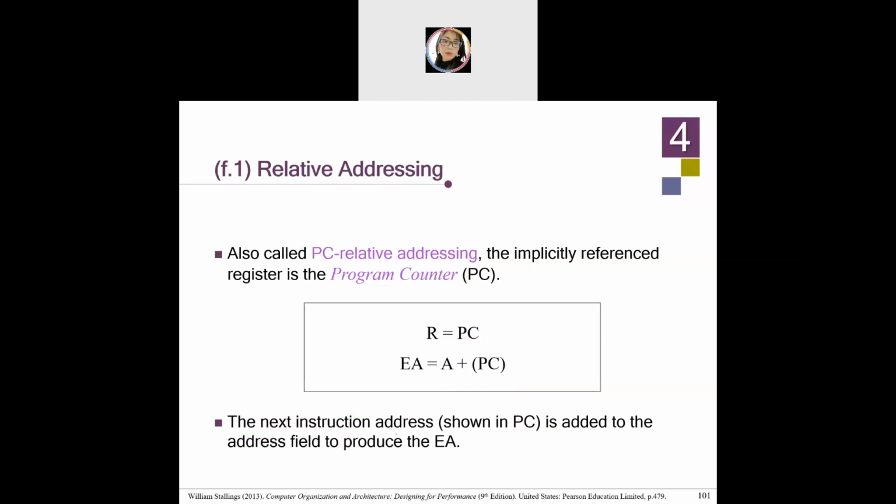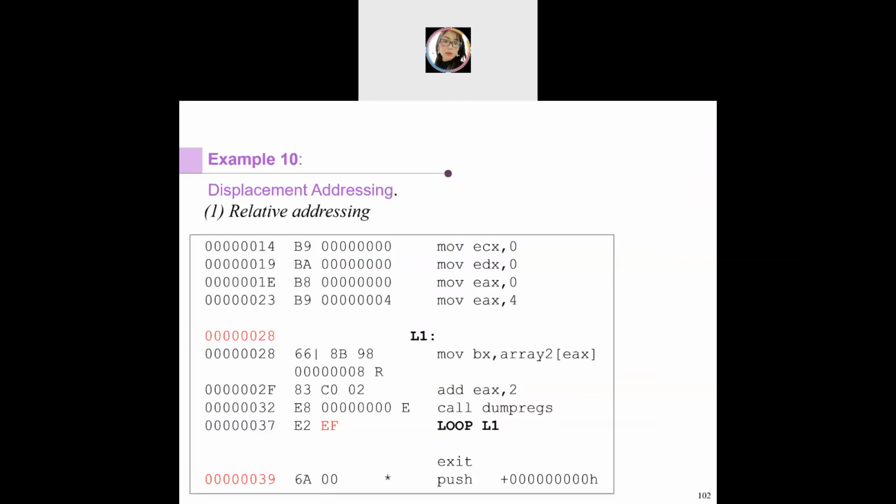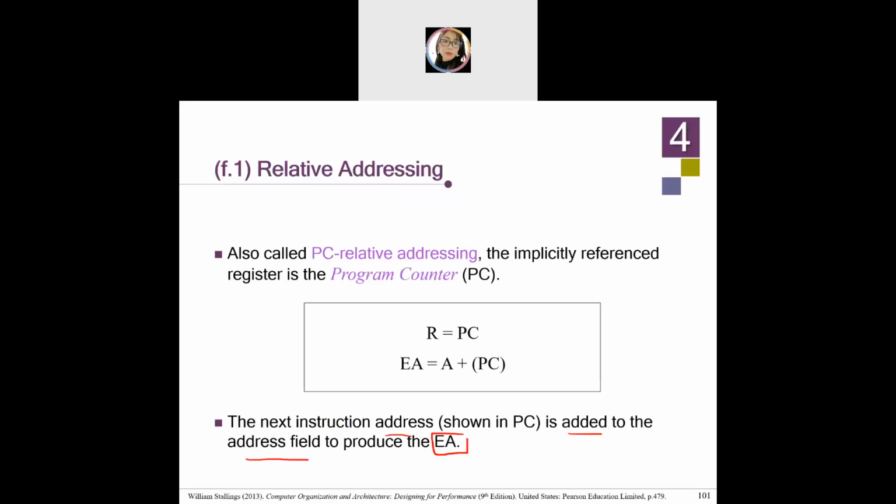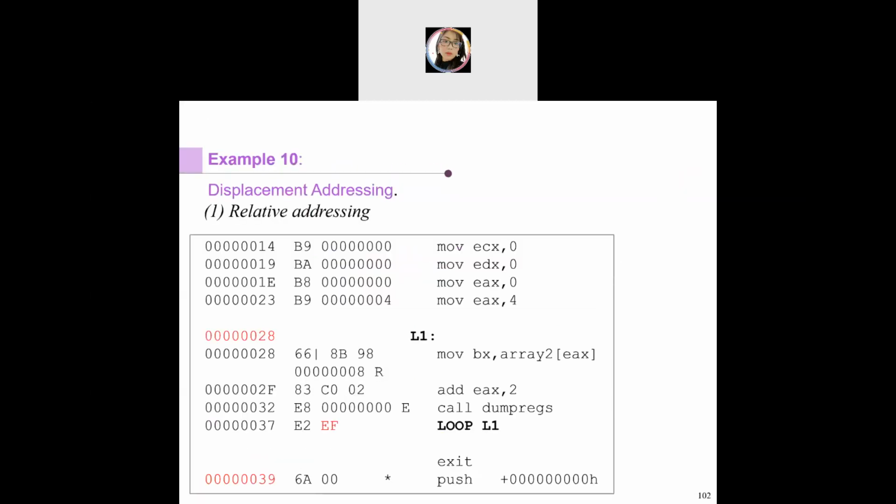The next instruction address shown in PC is added to the address field to produce your EA. So let's take a look at how relative addressing works. Displacement addressing here under relative addressing, this is an example of your code.